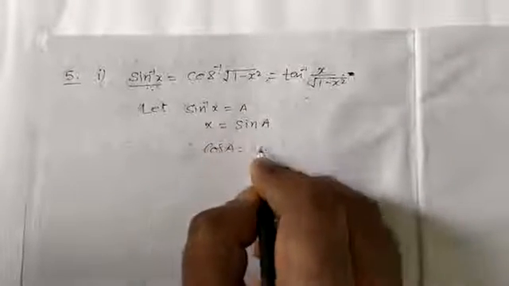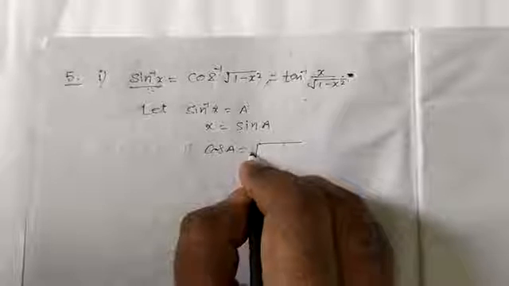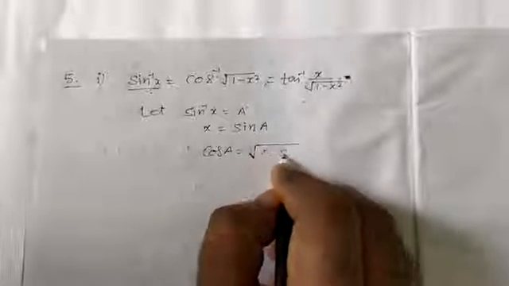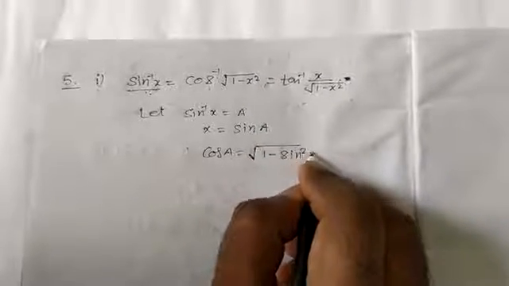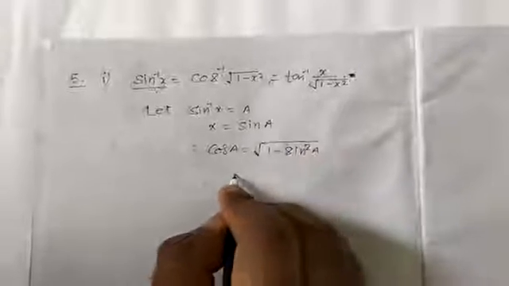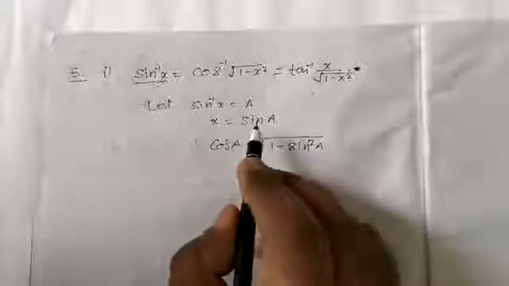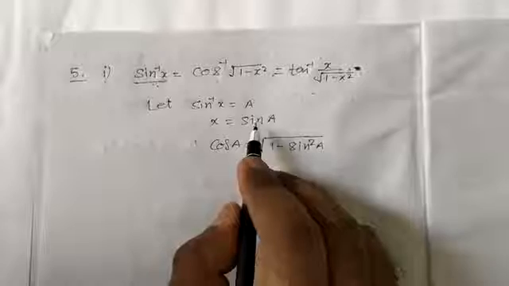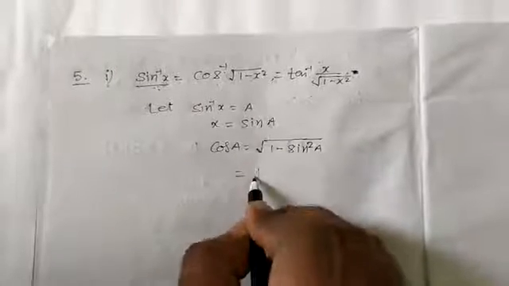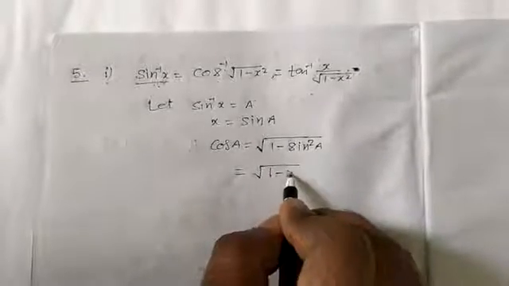We know that in trigonometric identities, cos A is equal to under root 1 minus sin square A. Now substitute the value of sin A. The value of sin A is here x. Now substitute: under root 1 minus x square.